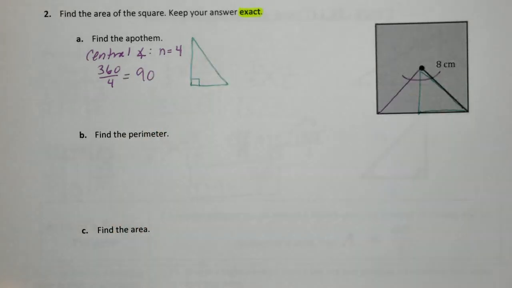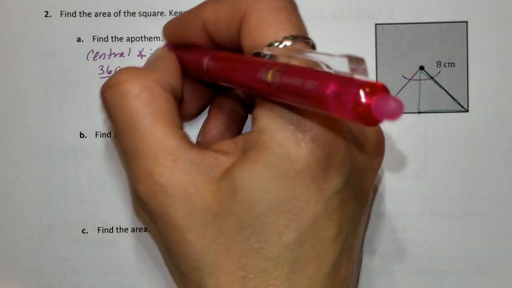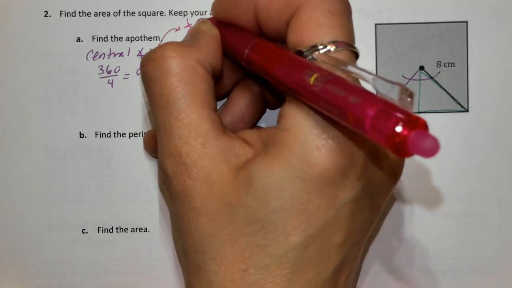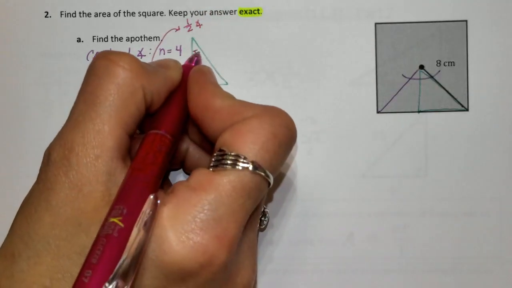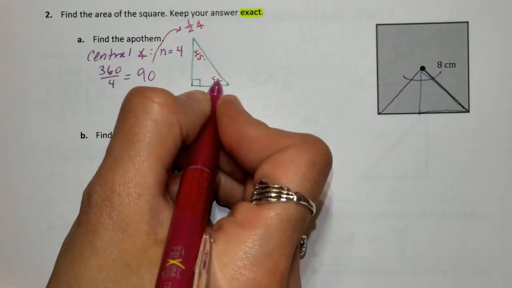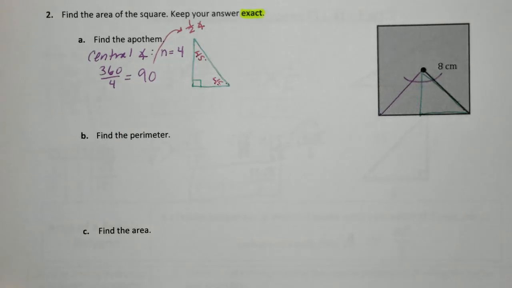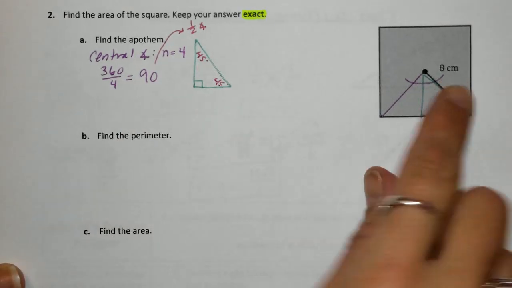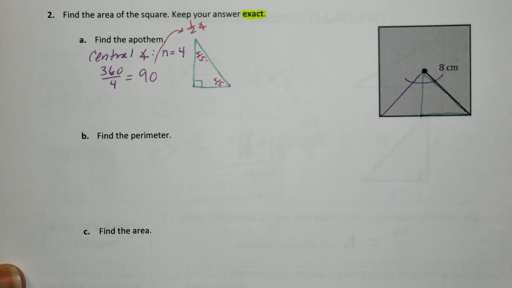With the central angle, we want half the angle. So it will be a 45, 45, 90 triangle. The 8 is referring to the radius, which is the hypotenuse on this right triangle here.